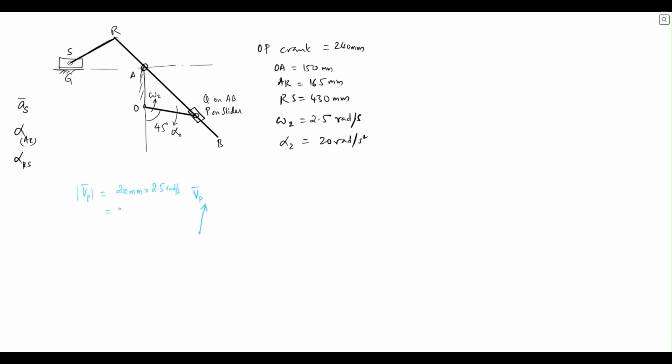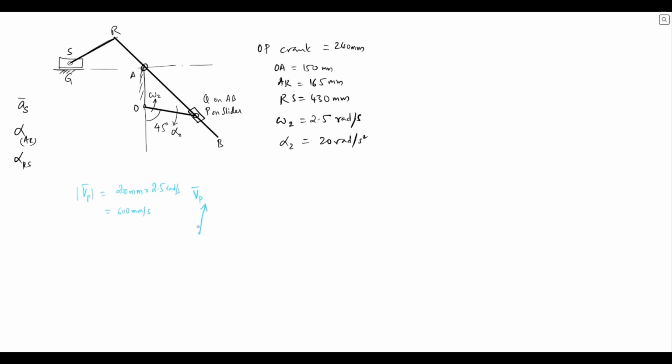So this becomes 600 millimeters per second. That's the velocity of point P with respect to O. So you would consider this length and equate that to 600 millimeters per second. That becomes your scale.